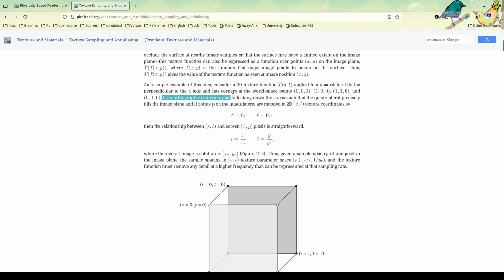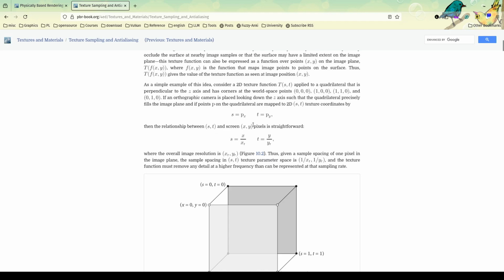If an orthographic camera is placed looking down the z-axis such that the quadrilateral precisely fills the image plane, and if the points p on the quadrilateral are mapped to the (s, t) texture coordinates, just basically the whole texture fills the whole image plane, basically direct mapping.